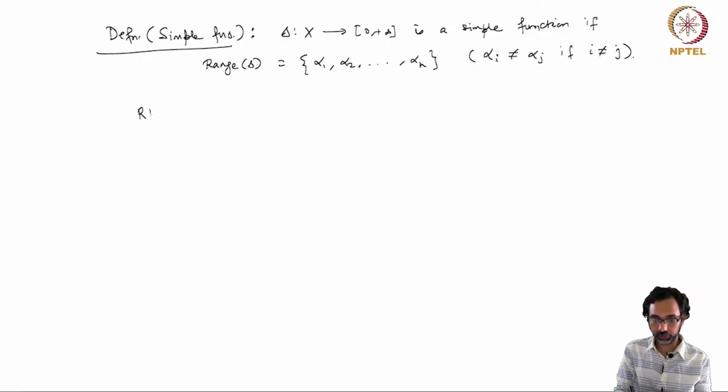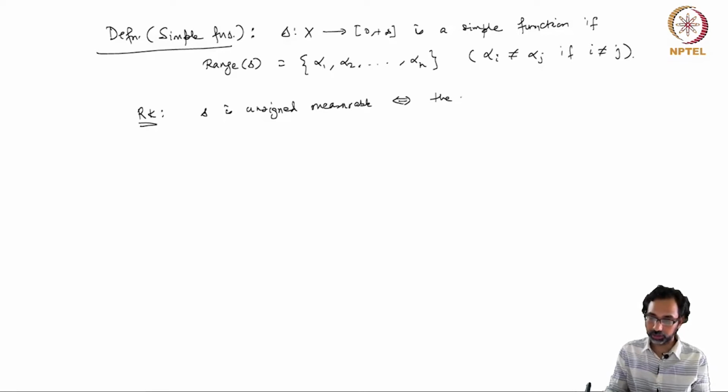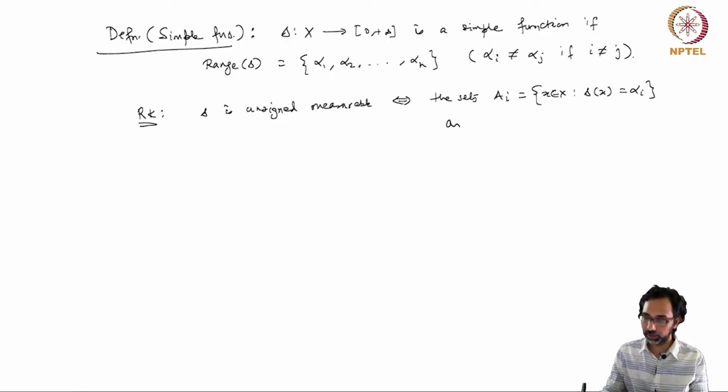Of course, we have the immediate remark that s is unsigned measurable if and only if the sets Ai, which are the pre-images of these values alpha i, are measurable for each i in 1 to n.